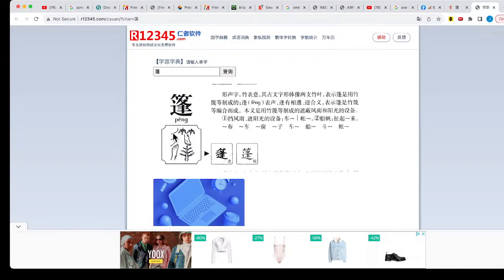Then the bottom part put together is a character called 粉, and 粉 means meat. Now why use this?